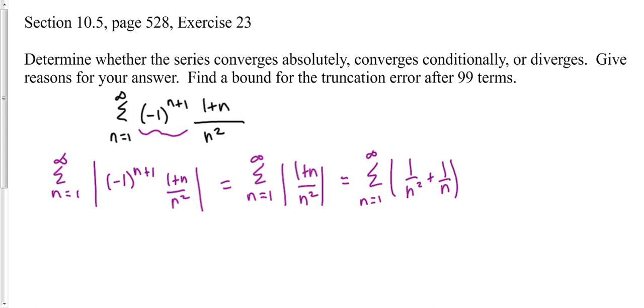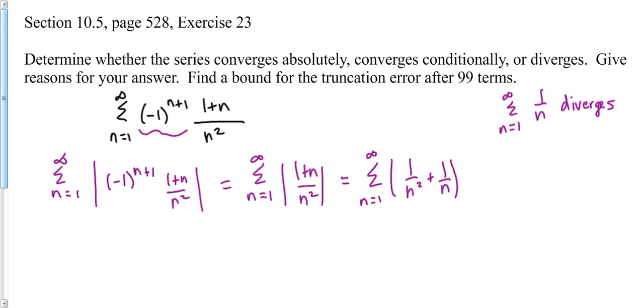And now we could actually use the direct comparison test because we know that the series from n equals 1 to infinity of 1 over n diverges. That is a p-series with p equals 1, and we know that in that situation, the series is going to diverge.